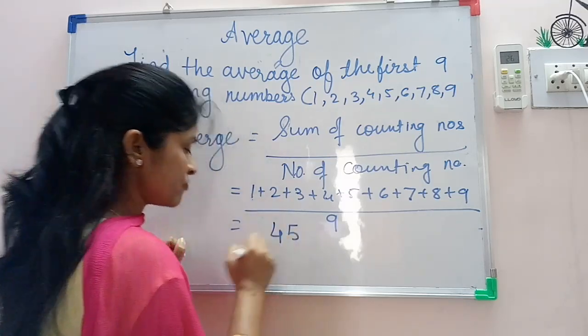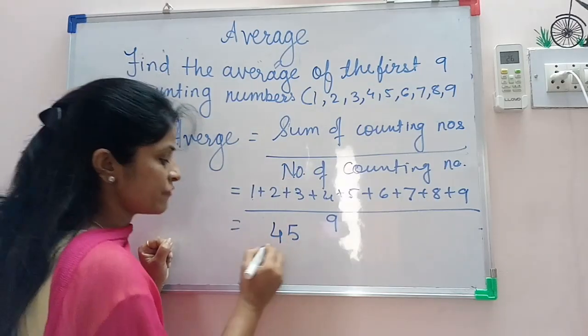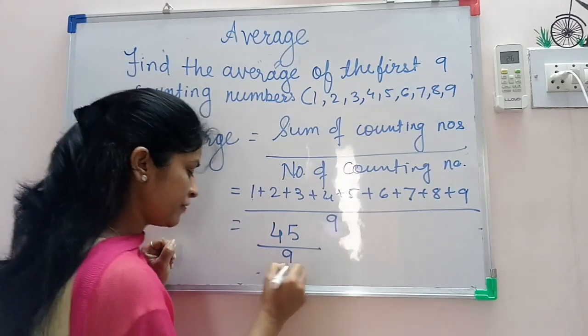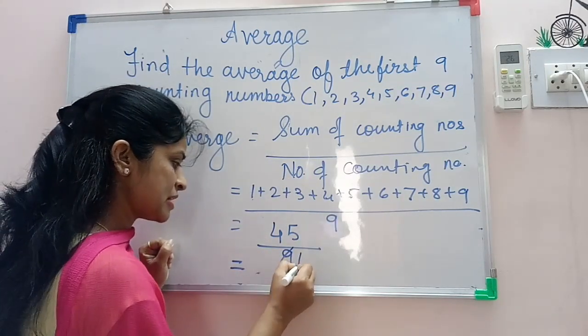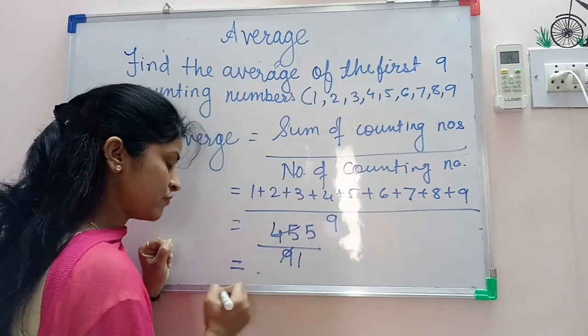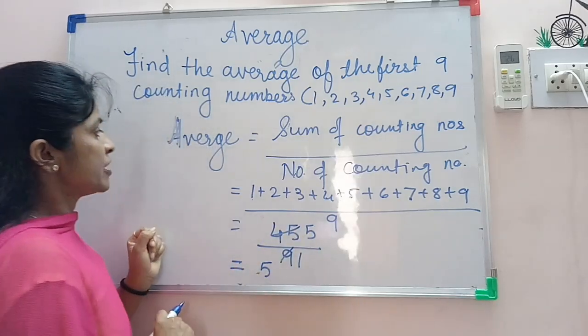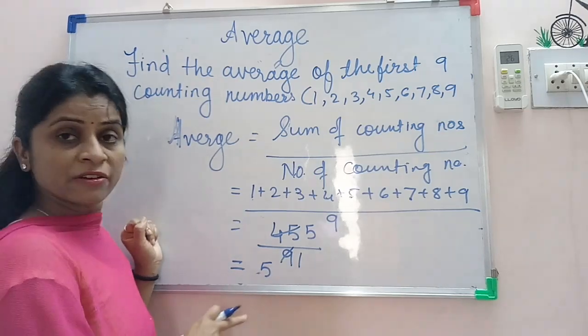So the sum of the counting numbers is 45 and divided by 9. 9 ones are 9, 9 fives are 45. So the average of the counting number is 5.